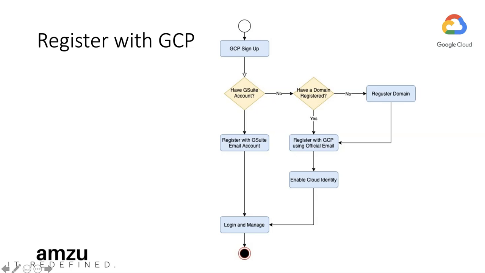Cloud Identity is a service which enables you to create an identity and access management service for your organization. Cloud Identity comes by default with G Suite, so you don't need to enable it separately. But if you are registered with your official email, you'll be required to enable Cloud Identity.